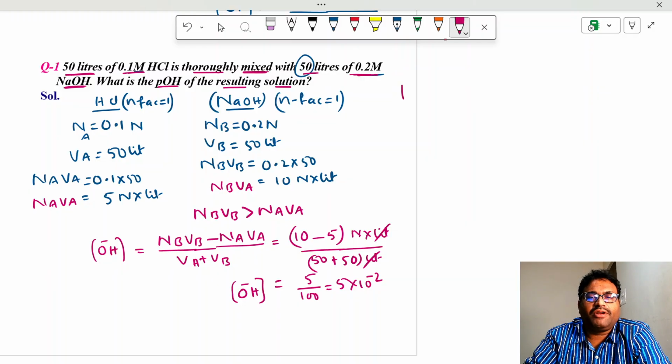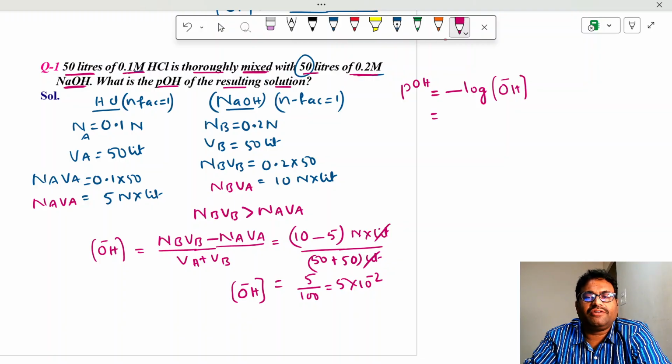And we know the formula pOH is equal to minus log of the OH minus ion concentration. Then that is equal to minus log of 5 into 10 power minus 2, that is equal to minus log 5 plus log 10 power minus 2.